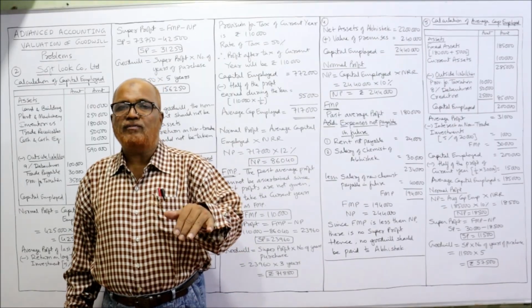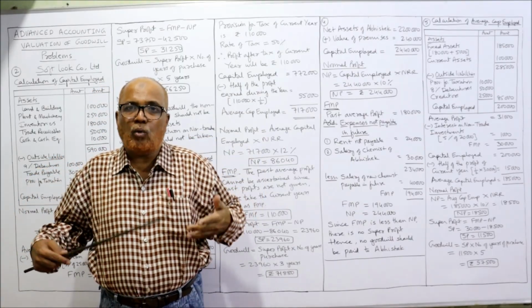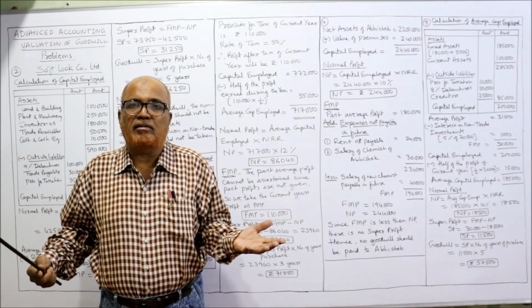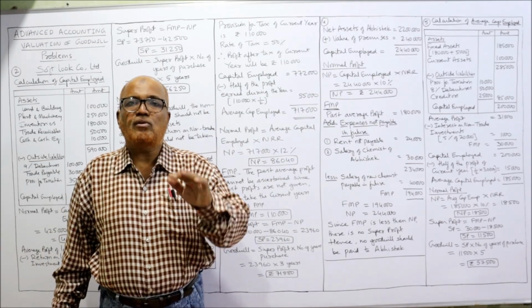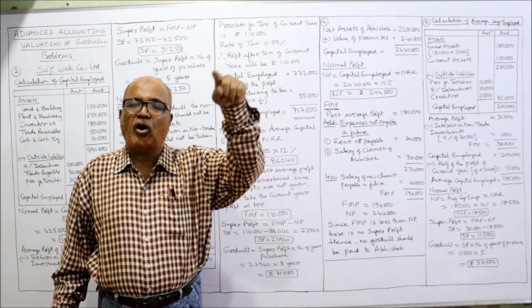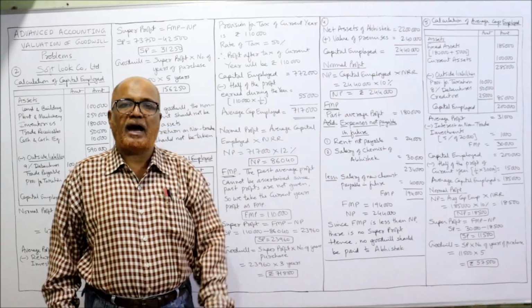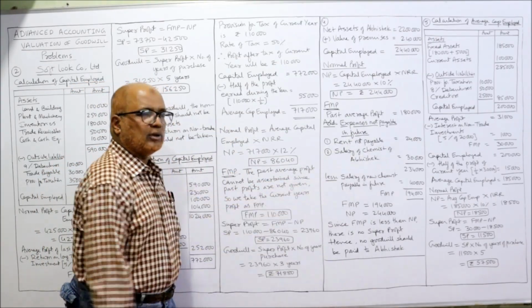Example, the rent of the premises which was paid by Abhishek. Now it is our own premises. There is no need of rent. That means money saved. Expenses are saved. So we add back the expenses which are paid in the past but not payable in future. Expenses not payable in future. Rent not payable, 24,000.